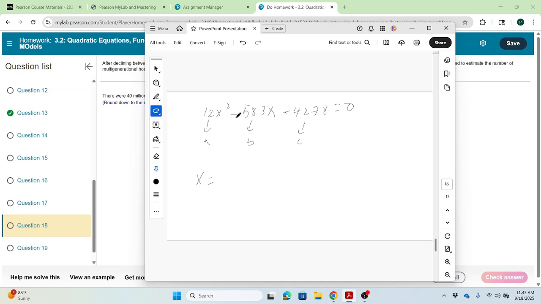So x is negative b, negative times negative is positive, 583, plus or minus the square root of b squared, 583 squared, minus 4 times a, which is 12. c has a negative sign, and this negative and this negative become positive, so times 4278. Divide by 2 times a, which is 24, because a is 12. So we just need a calculator to do this calculation.